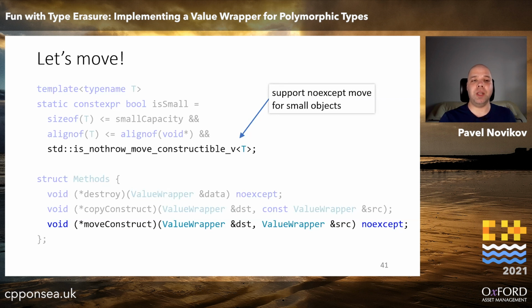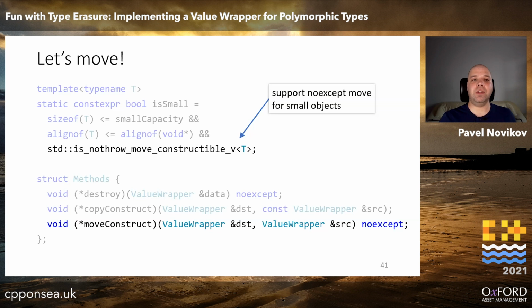So to be able to use it, we have to add a condition to our isSmall variable, which allows only those types that have no-throw move construction. Because if a type can be accommodated by the small buffer, but does not provide no-throw move construction, we can't use that operation in our move construction, because our move construction will not be noexcept.